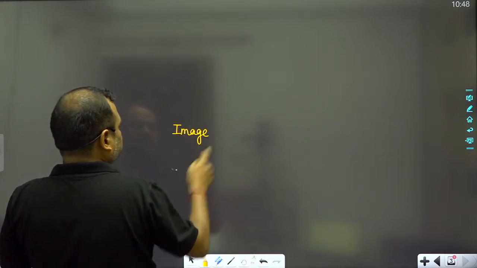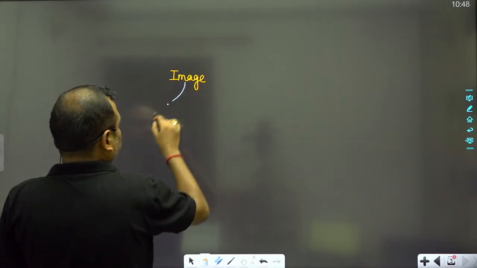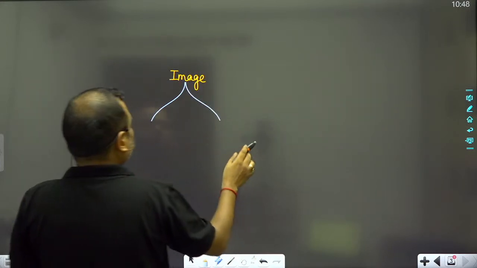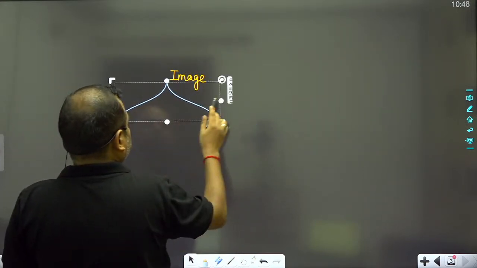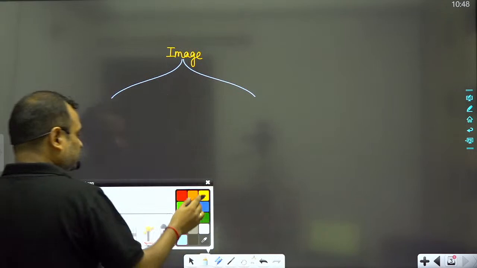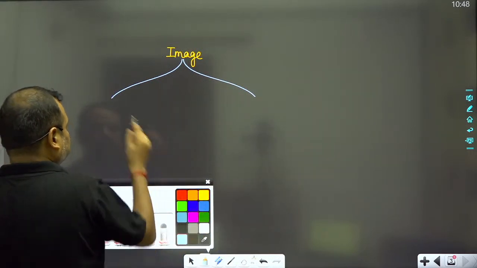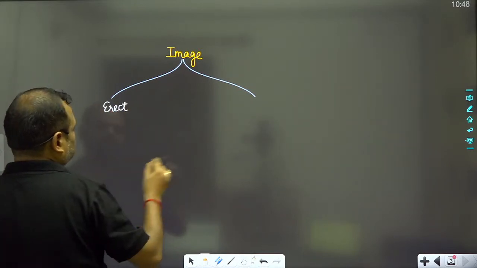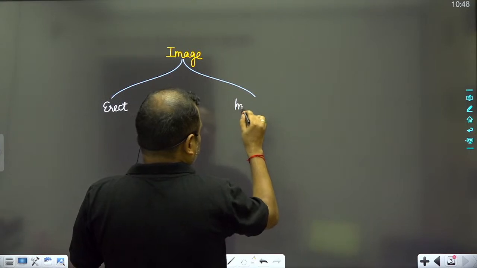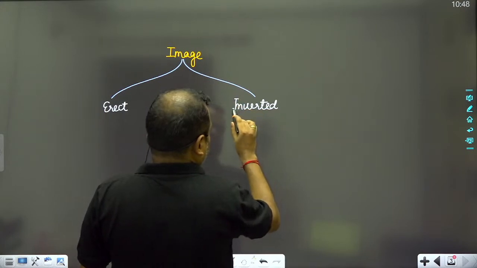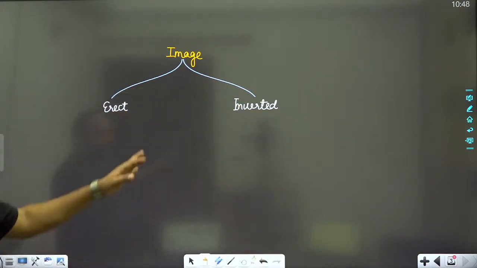Now this is an image, and suppose that we talk about the erect image, and another is the inverted image.